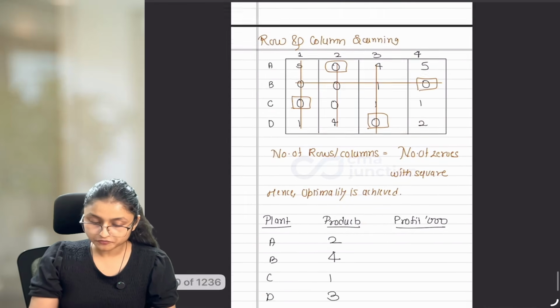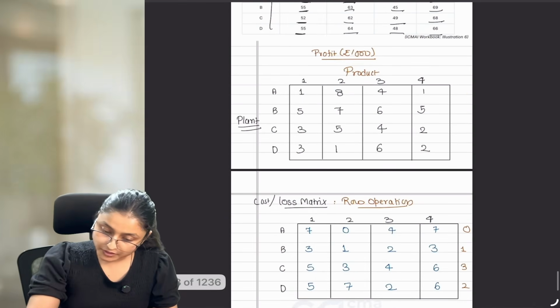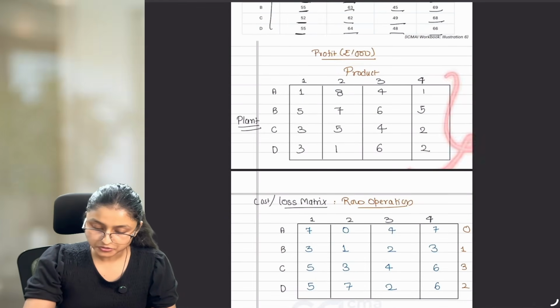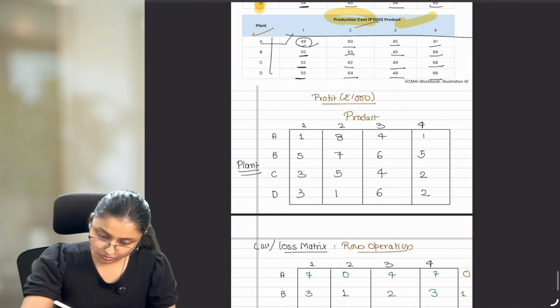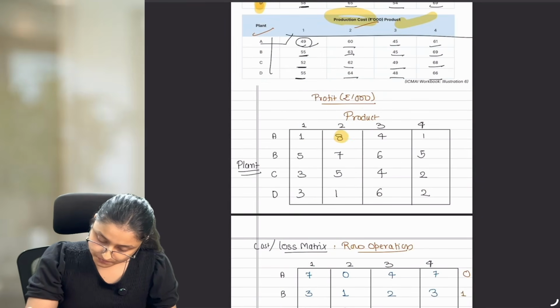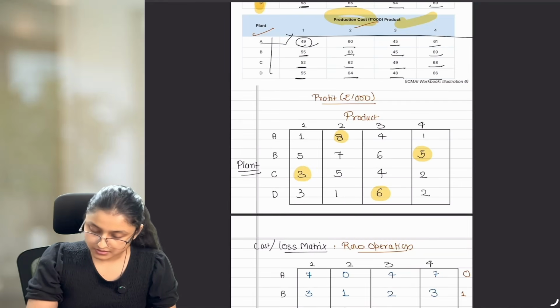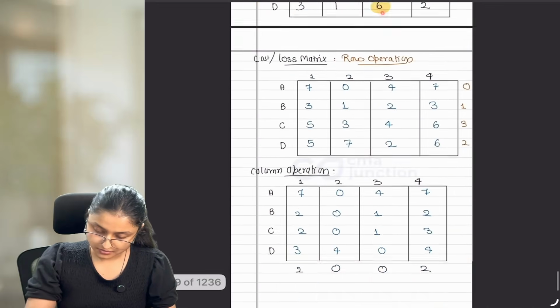Now for the profit you have to take it from the profit matrix only. Okay? So 2, 4, 1 and 3 is what I have to take. This is the highest profit which you can have: 8, 5, 3, 6.